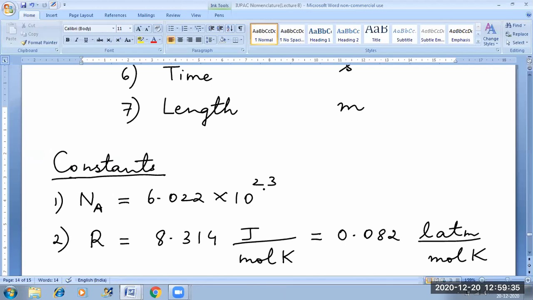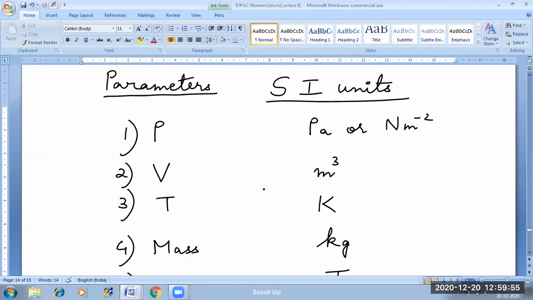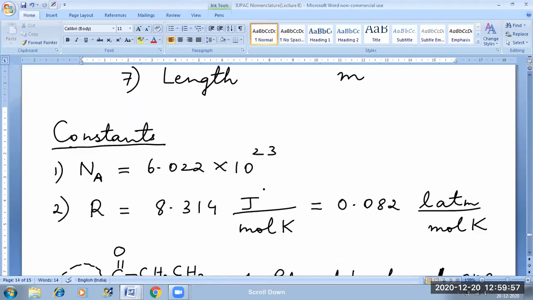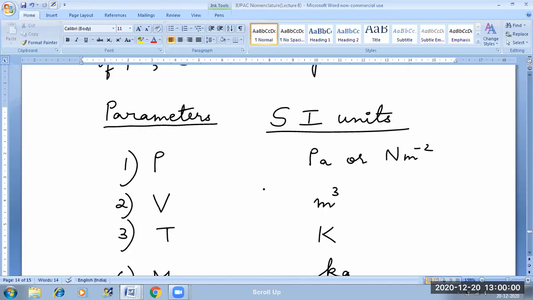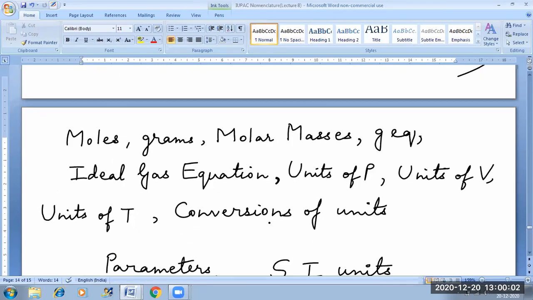ओके सर जनरल ऑर्गेनिक केमिस्ट्री स्टार्ट करेंगे क्या नेक्स्ट? नहीं, थर्मोडायनामिक्स. ओके. सो प्लीज लर्न दिस, जो लिखा है SI यूनिट्स, यहाँ पे सारे SI यूनिट्स लर्न करके आना है. कांस्टेंट्स के वैल्यूज लर्न करो, और ये आइडियल गैस इक्वेशन, मोलर मास, ग्राम्स, मोल्स, ग्राम इक्विवेलेंट्स, ये सब रिवाइज करके.